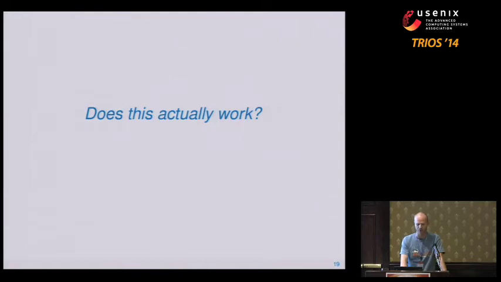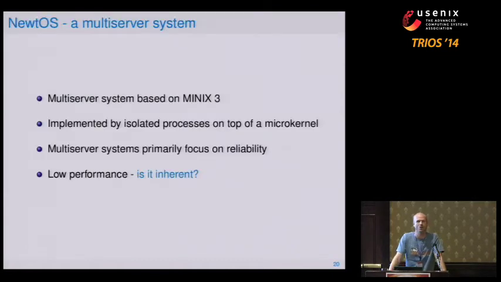We've implemented a proof of concept in an operating system we call NewtOS. We're using it as a research vehicle, and we used it in our previous work. It's based on Minix 3 multi-server system. And multi-server systems are systems where the functions of the operating system are implemented by isolated processes in user space.